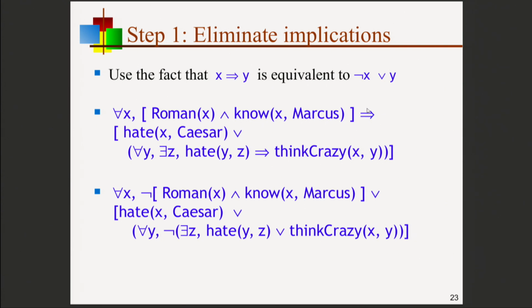For the first implication symbol, we add not Roman of x, or not know x Marcus, or hate x comma Caesar, and the second implication, y comma z implies think crazy, is replaced with an or here. So, this is the first step.